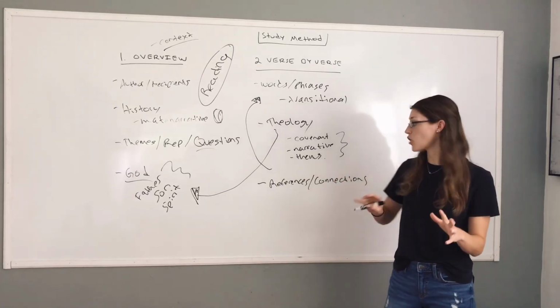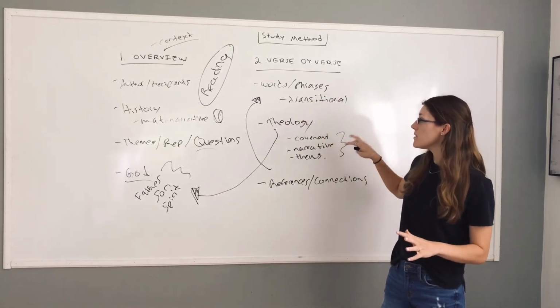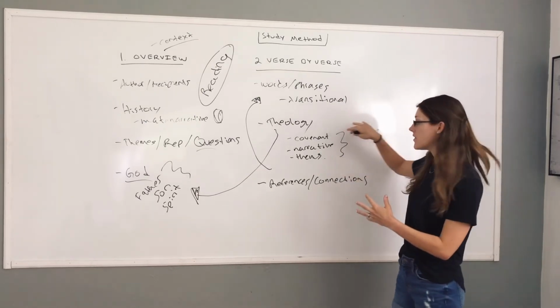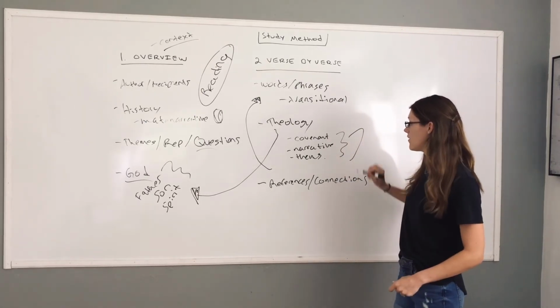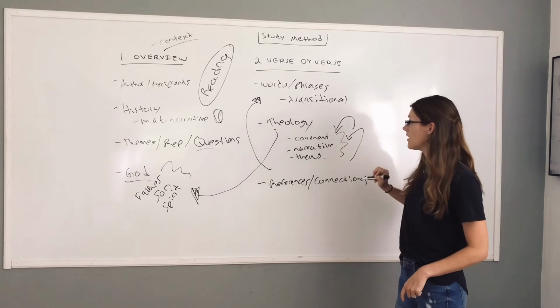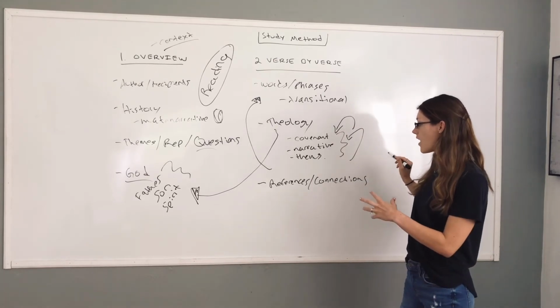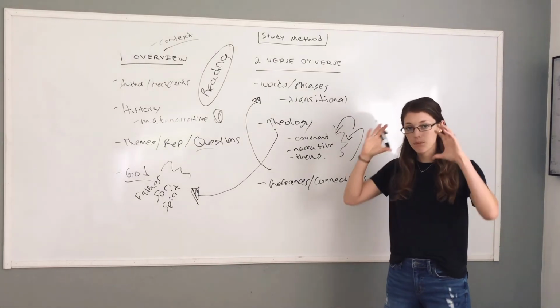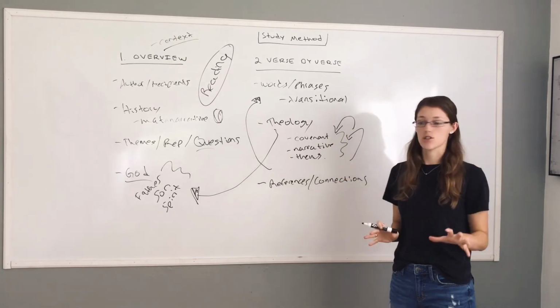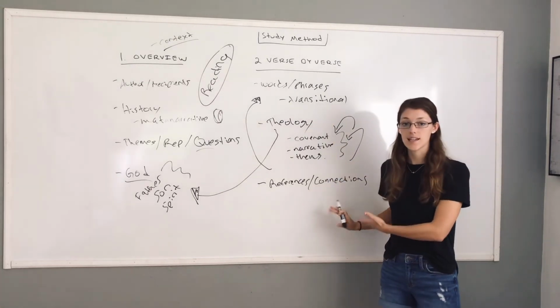And you might be able to start piecing some of this together, because it might shoot you to something where it'll explain the narrative or it'll explain the covenant. And so you want to look at those references and help in your mind connect everything that is going on. But another way to say that is connections, right?